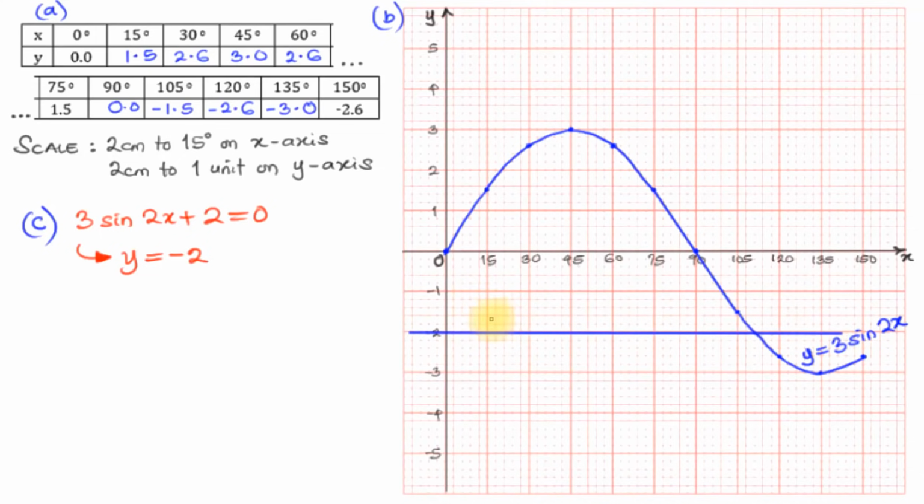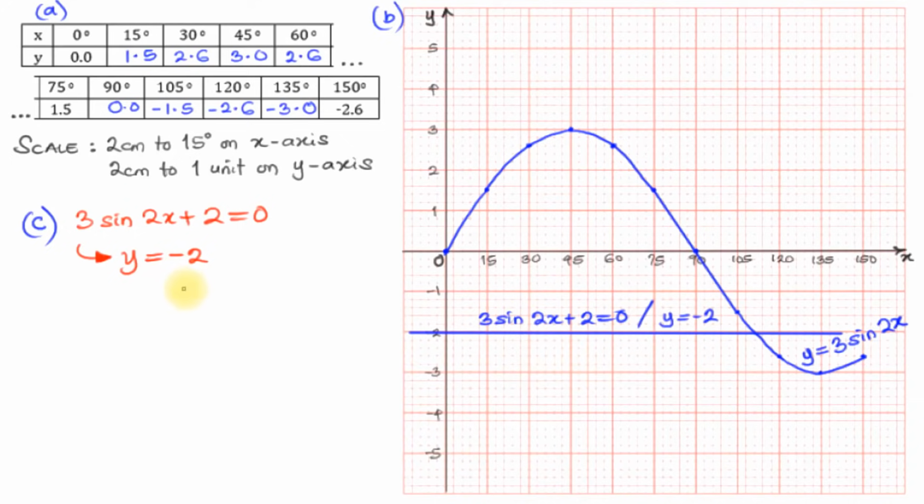So we can also correctly label this to be 3 sine 2x plus 2 is equal to 0. Or you can say y is equal to -2. Okay? Any one of the two will be suitable for you to define that.